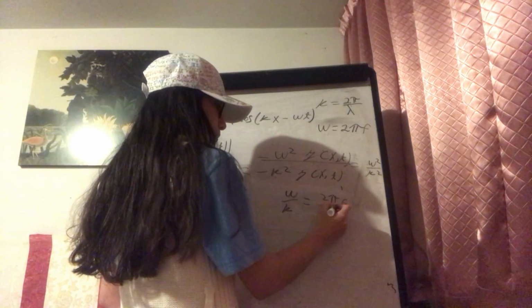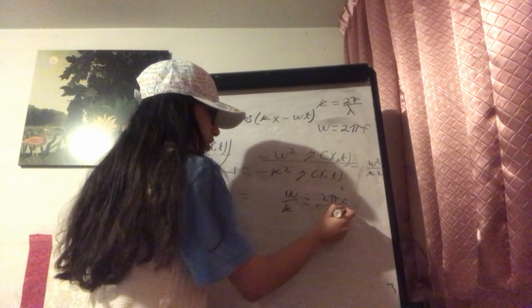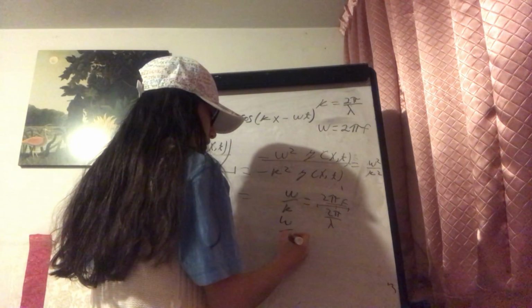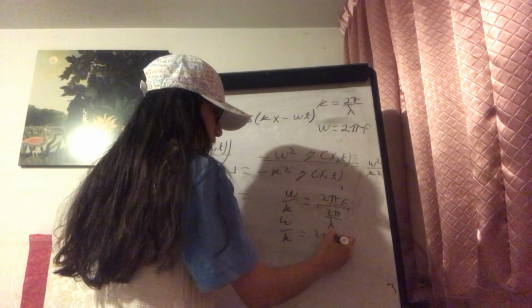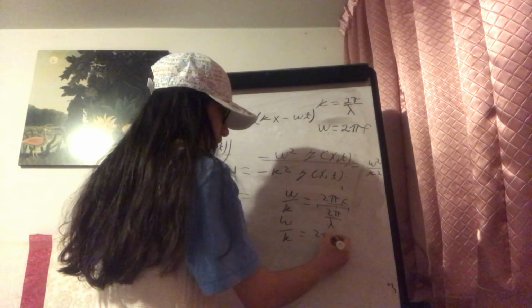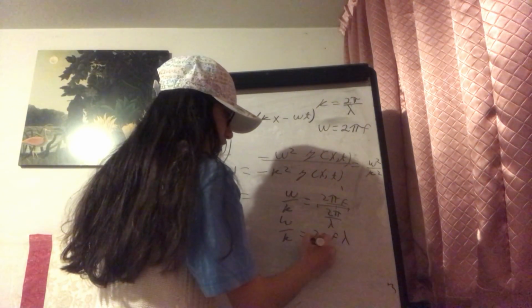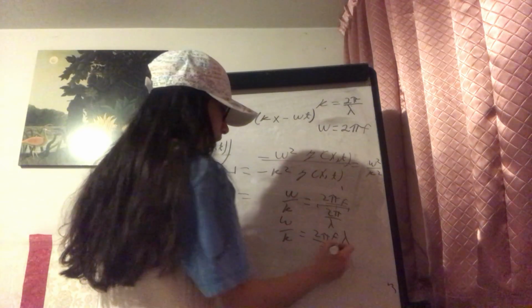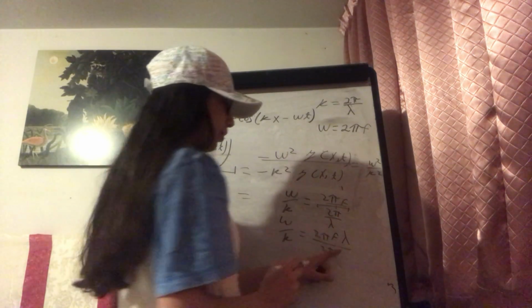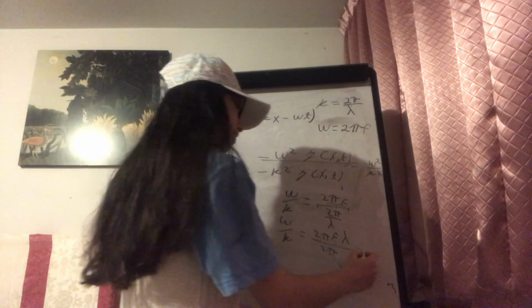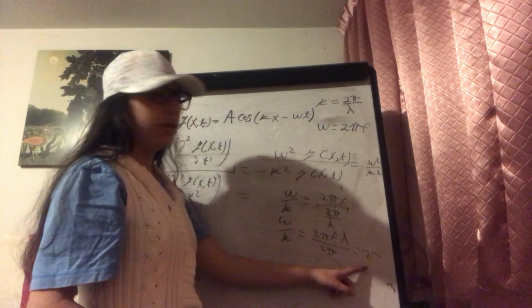So this is just f times lambda. And remember, f times lambda is the velocity of the wave.